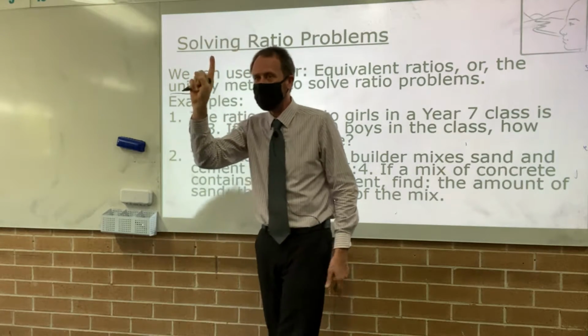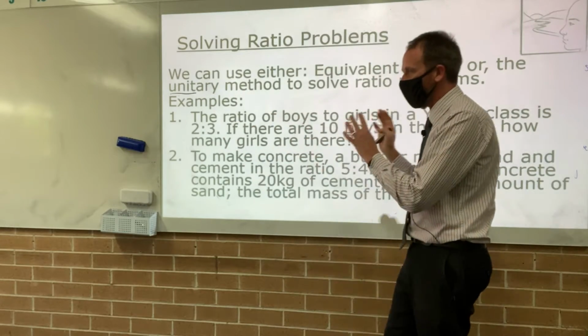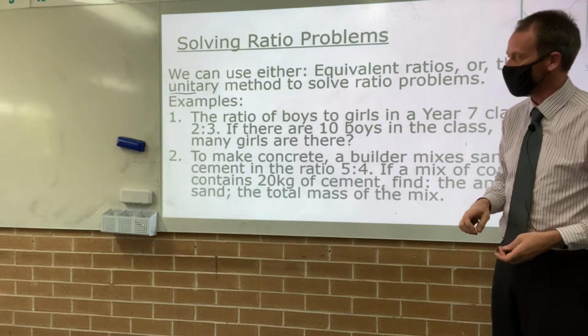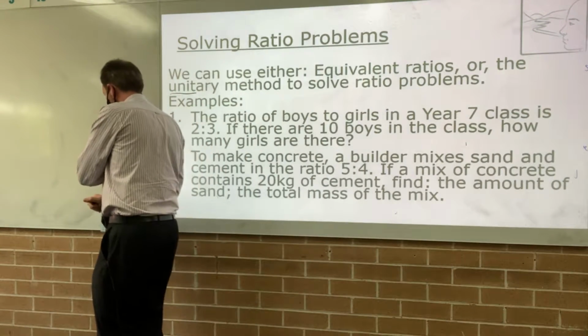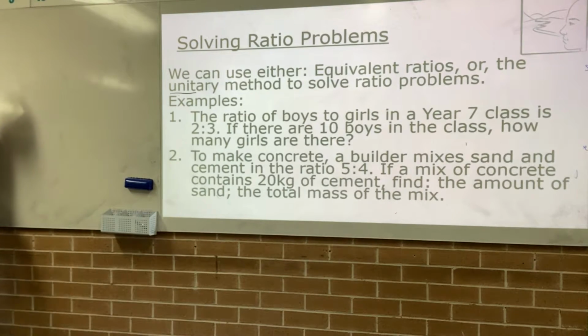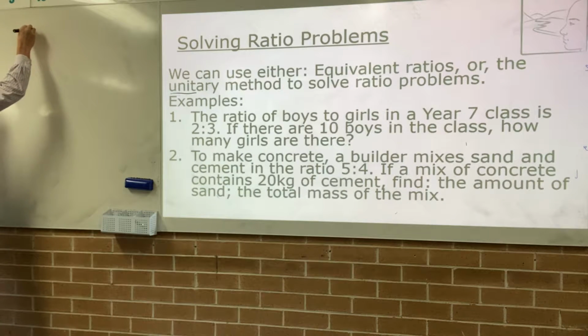It's like 1 unit. That's what we're looking at. So we find out what 1 unit is worth so that we can then find out what however many other units are worth. I want to show you the working for both methods today. Okay, so I'm going to show you the working for both methods for these two questions.